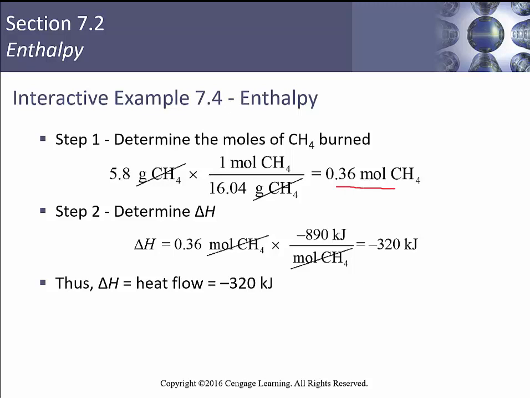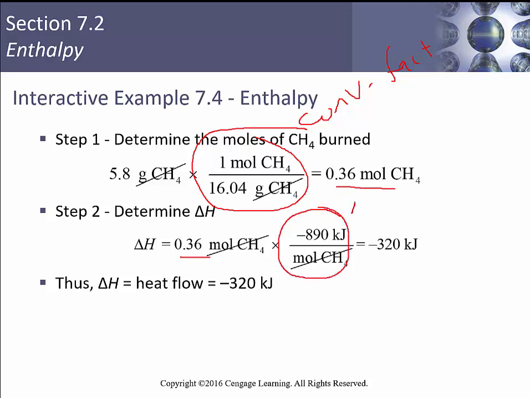So here we're using our molar mass as our conversion factor. Now that we've got moles of CH4, we're going to use our enthalpy of reaction, or delta H reaction, to give us the energy change for that 5.8 grams.